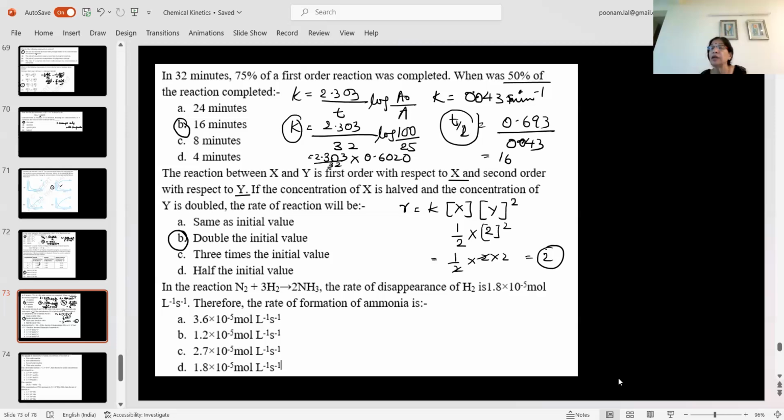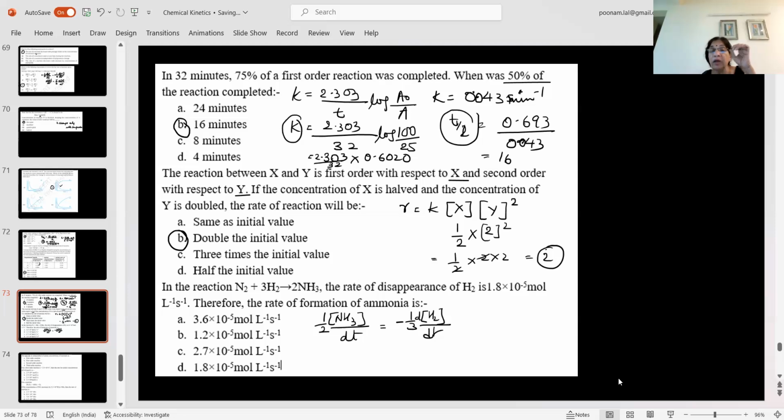If I write the rate of reaction in terms of ammonia, it will be 1 by 2 into d[NH3] by dt, equal to minus 1 by 3 d[H2] by dt.